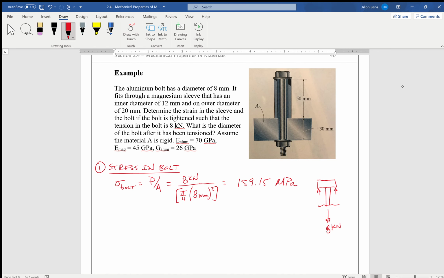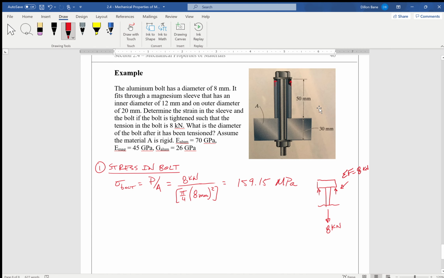But since it's not going to be two forces, right? These forces act in a ring all around this here. I'm going to just denote this as the sum of these forces has got to be 8 kilonewtons as well. And if we were to then draw the free body diagram of the sleeve, we would see that there has to be a total of 8 kilonewtons acting on the cross-sectional area of the sleeve, right?